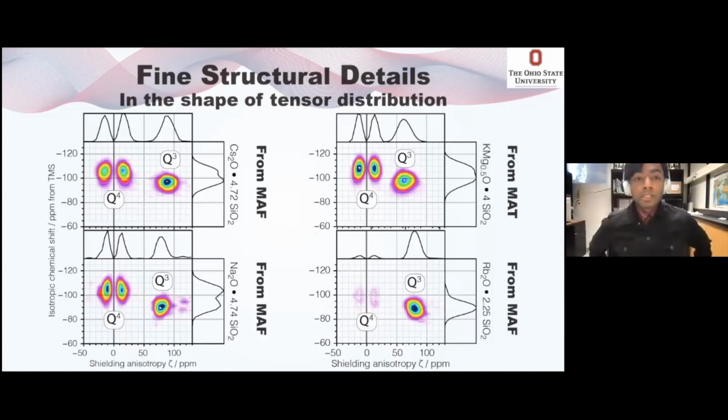And we can do this for all different kinds of glass composition, as I've shown for 4 different cases here, either from a MAF experiment or a magic angle turning experiment. And all of them exhibit a Q4, which is symmetric about 0, and a Q3, and interestingly, you find the Q3s have different correlations.